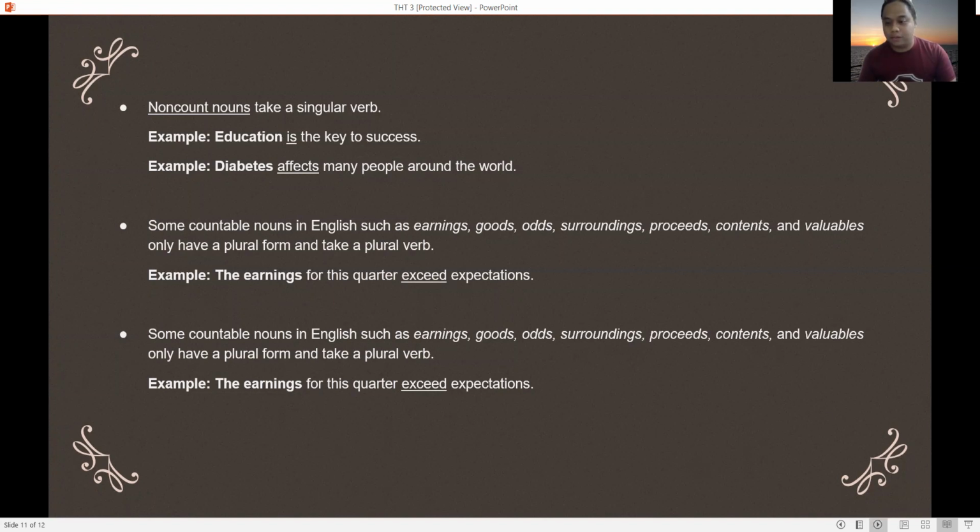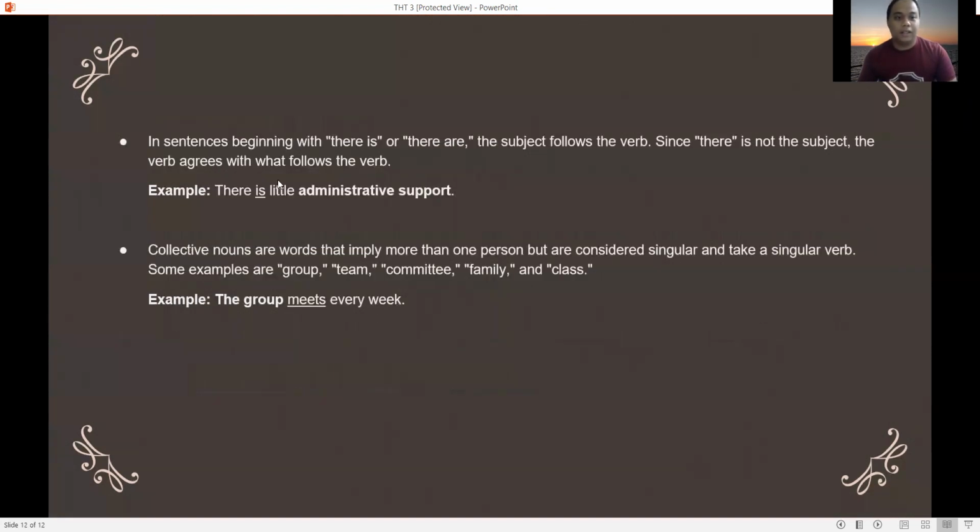Okay, let's continue on to the next one. Okay, this is the last one. In sentences beginning with there is or there are, the subject follows the verb since there is not the subject. The verb agrees with what follows the verb.